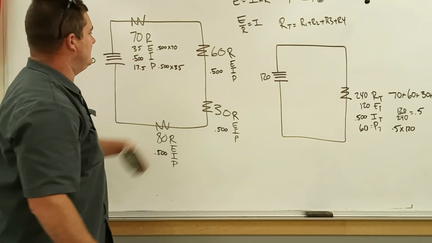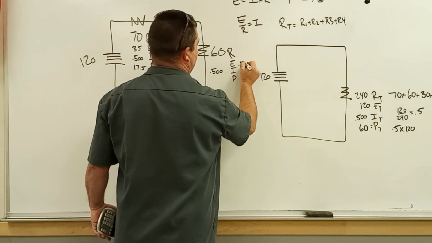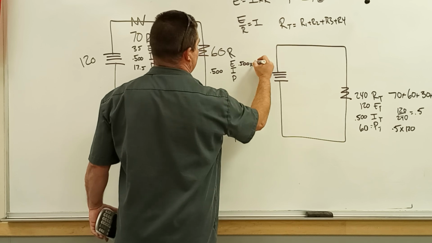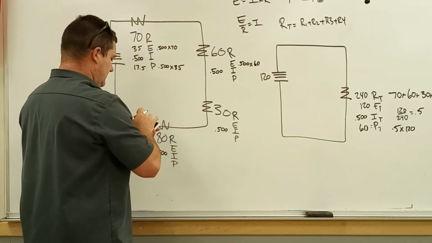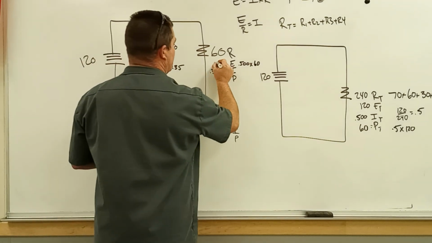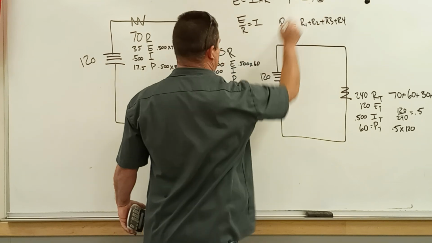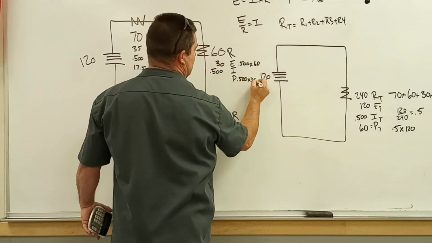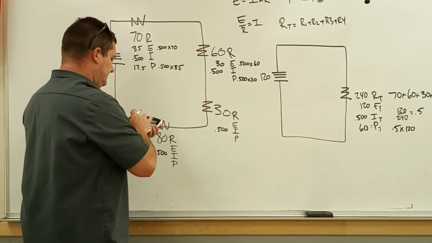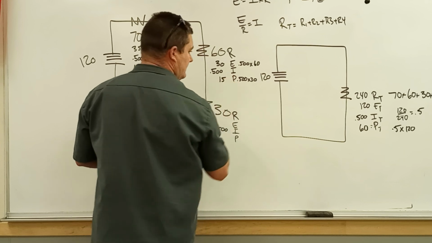Go to your next resistor. Do the same thing. I times R, 0.5 times resistance of 60. We get 30. P equals I times E. 0.5 times E of 30, 15.